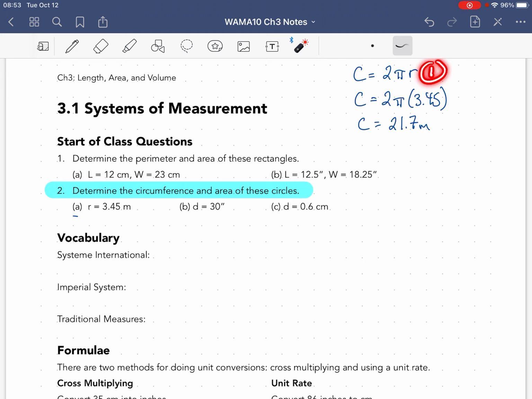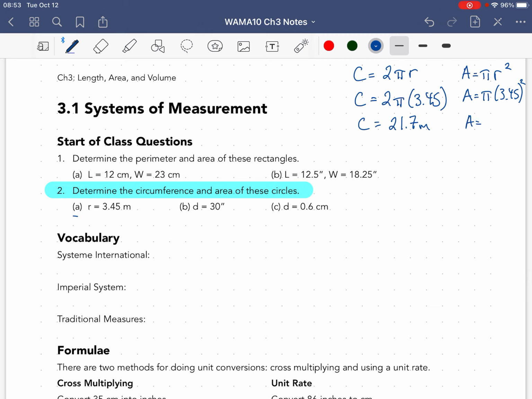So step 1, write out the formula. Step 2, fill in what you know. Step 3, solve it. Step 4, check your units. Now let's do the area. Area of a circle is equal to pi times the radius squared. Again, there's 2 variables in here, so I only need to know 1. Pi times 3.45 squared.